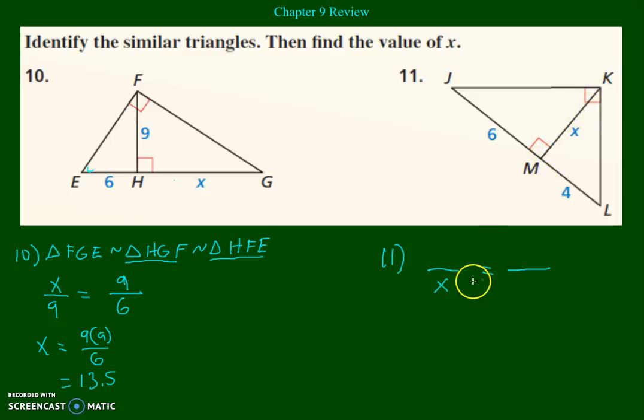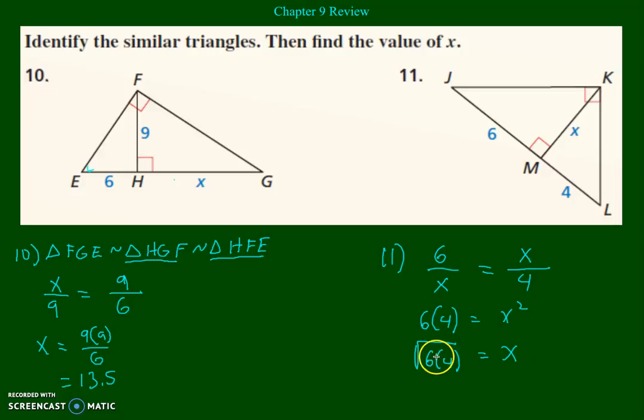The geometric mean always goes in this position, and the other two segments go in the other two open positions, and it doesn't matter which. 4 could go here, 6 could go here, it doesn't really matter. 6 times 4 equals x squared. The square root of 6 times 4 equals x.